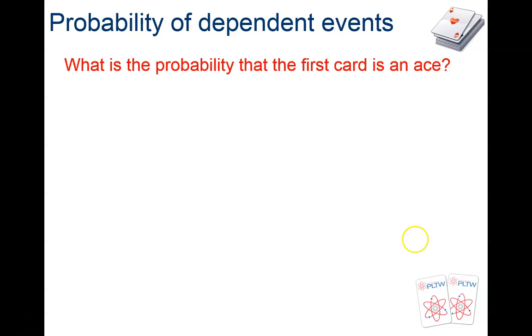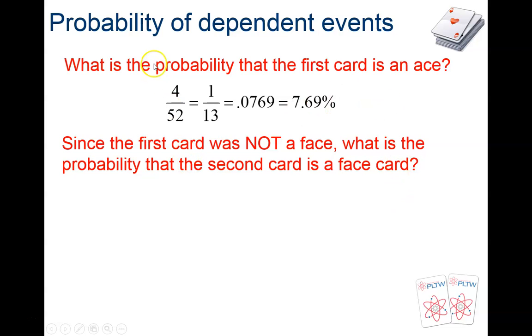What is the probability that the first card is an ace? Well, there's 4 aces in a deck, and there's 52 cards total, so the probability that the first card you draw is an ace is 1/13, or 7.7%. Now let's say the first card was not a face card, so we still have 12 face cards left.